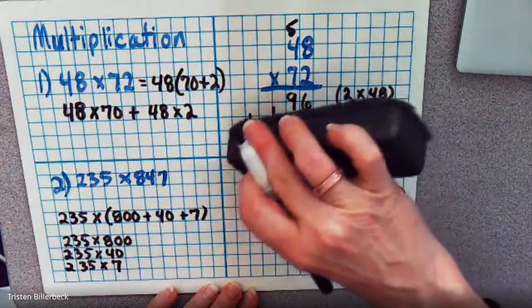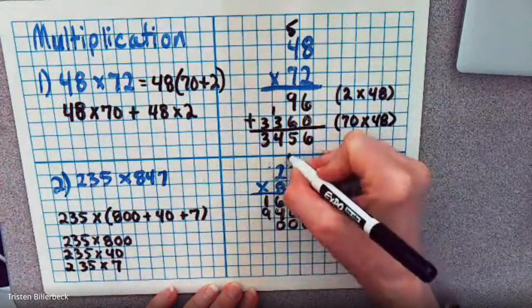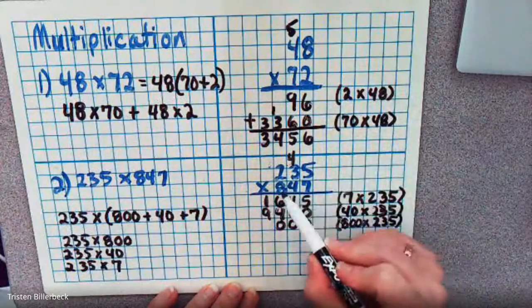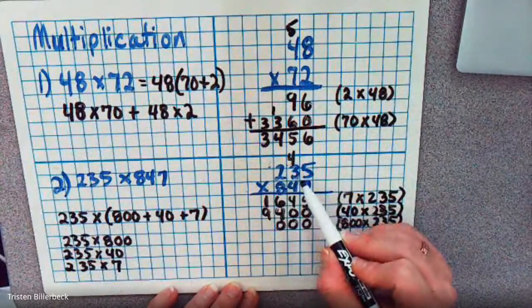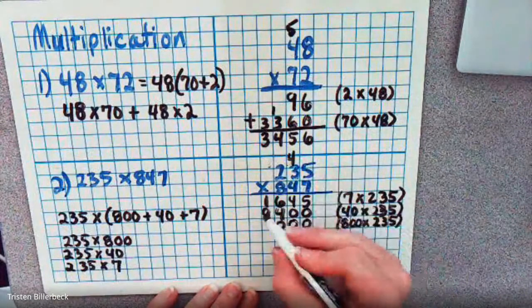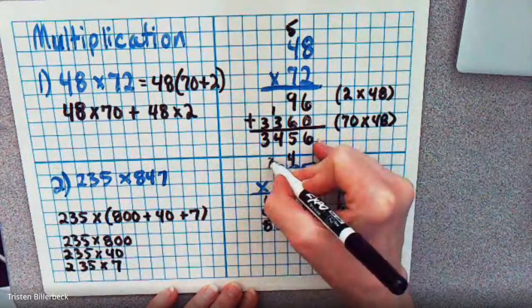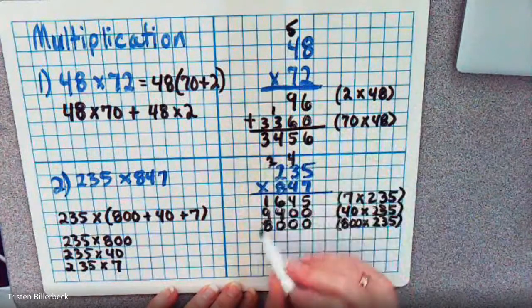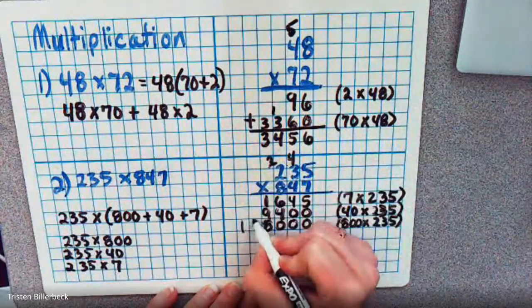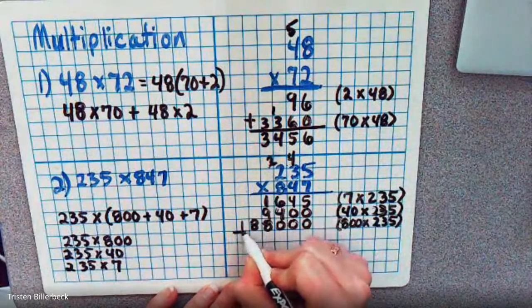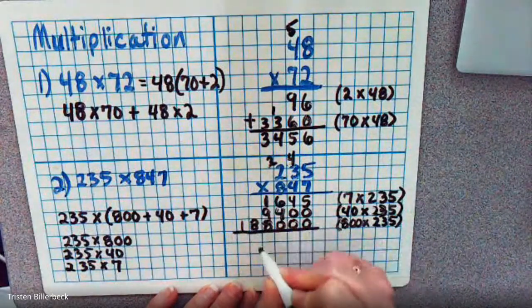Let's erase these because it's getting confusing there. So 8 times 3 is 24 plus 4 is 28. Carry a 2. And 8 times 2 is 16 plus 2 is 18. So now we're going to add this whole line together.